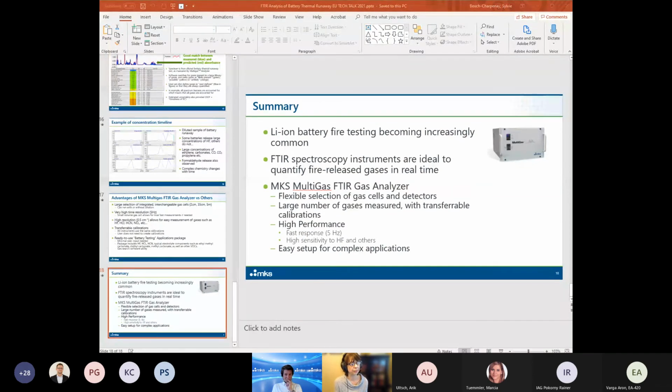But in here it would be a test that a customer could certainly do, to try to see at different distances how much the chemistry can change.